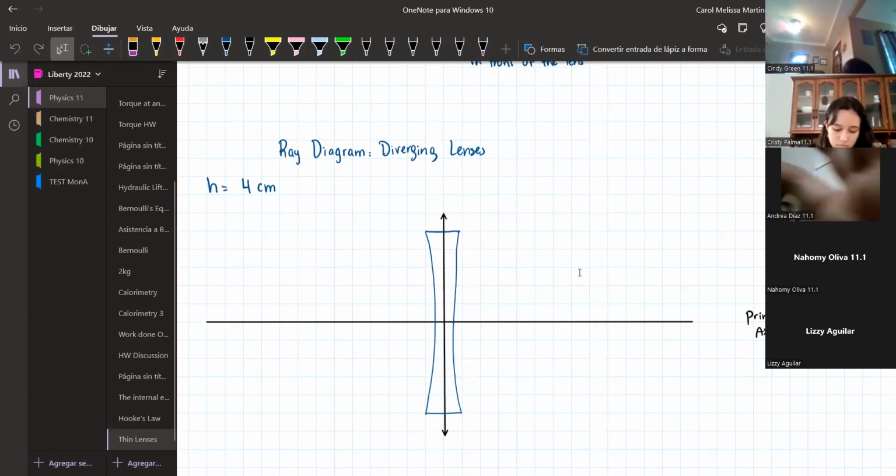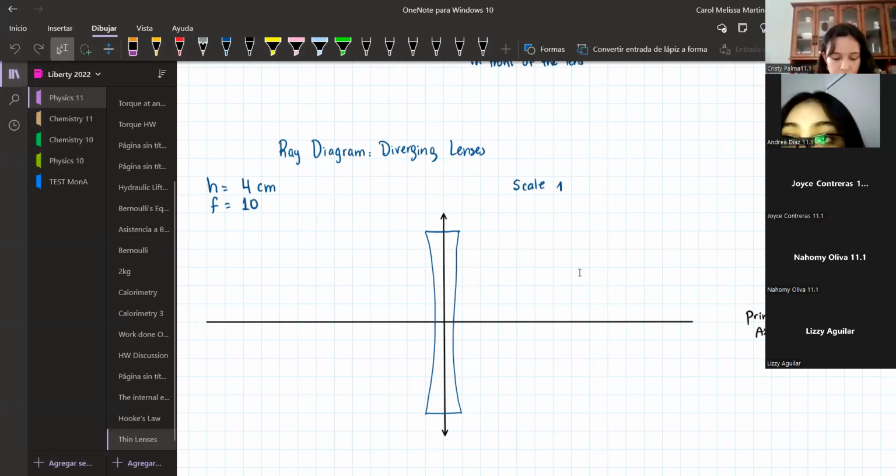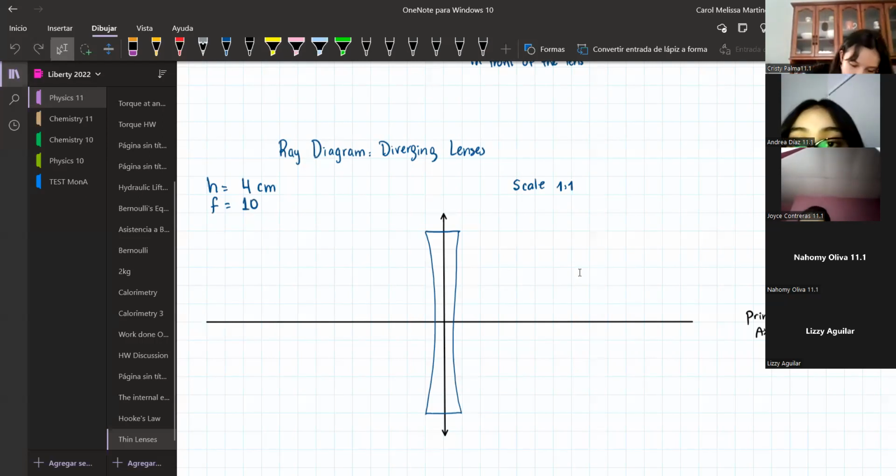Okay, focal. The focal is 10 units, okay? So focal is 10. Remember that I'm going to be using a scale 1 to 1. So I'm going to locate my focal point. So this is the first, second, third.